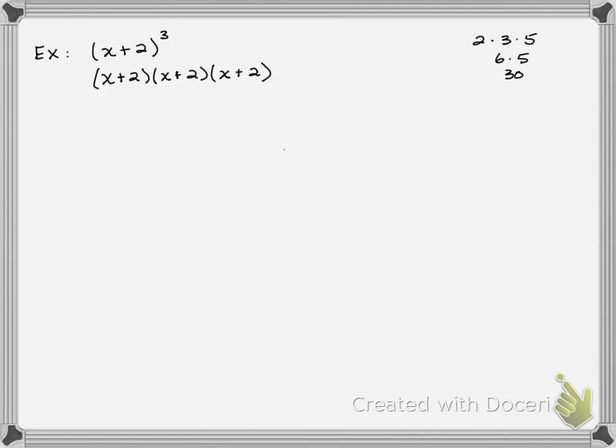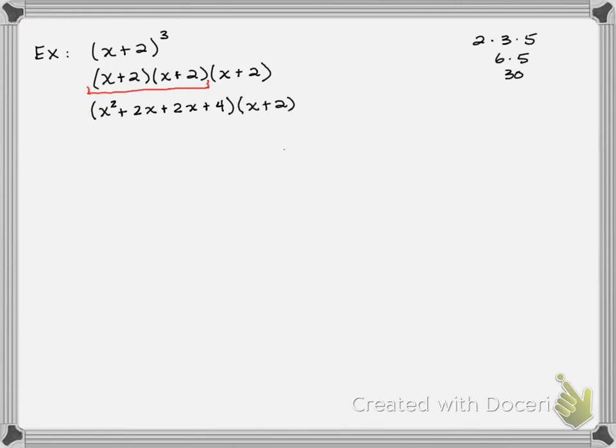So what we're going to do is just look at this guy. We're going to multiply those 2 polynomials, and the result of that is going to go in parentheses, which we will then multiply by the third. So x times x is x squared, x times 2 is 2x, 2 times x is 2x, and 2 times 2 is 4.